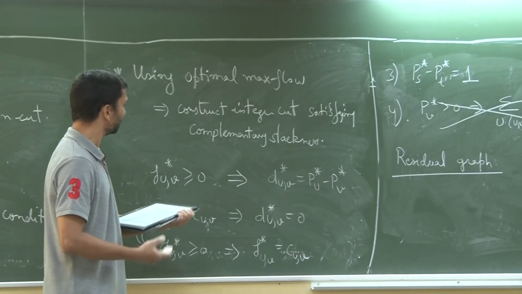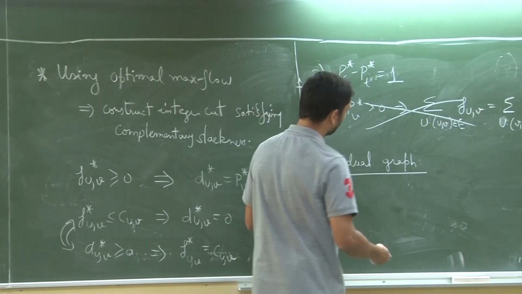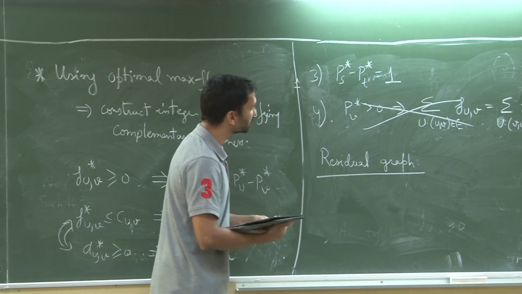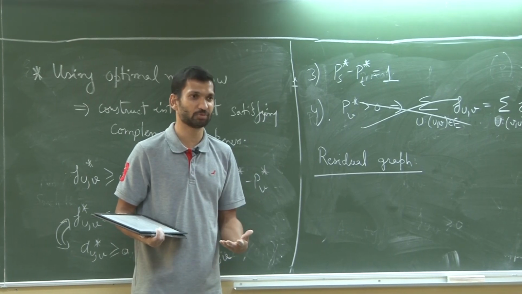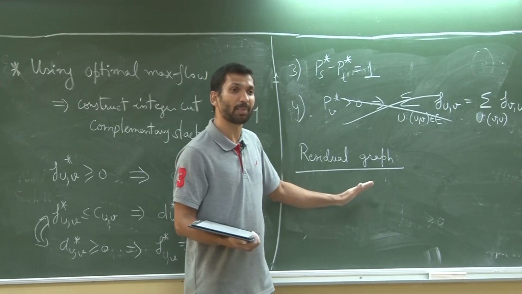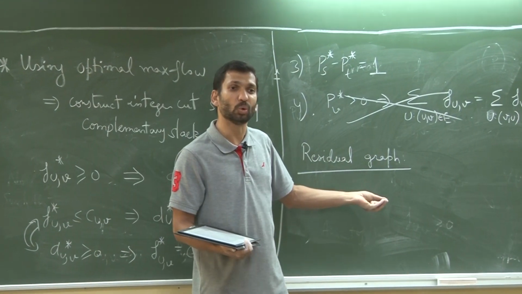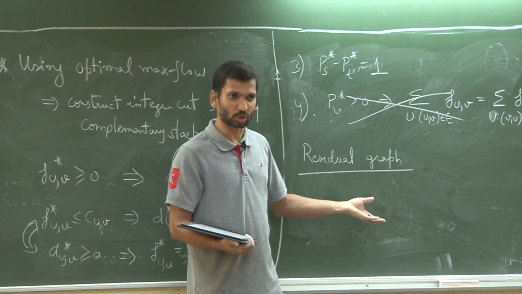What we say is that, and this kind of emerges clearly if you want to look at a flow and you want to maximize the flow, right? You push the flow. If you can still find a path where you can push more flow, right, then the flow is not optimal.